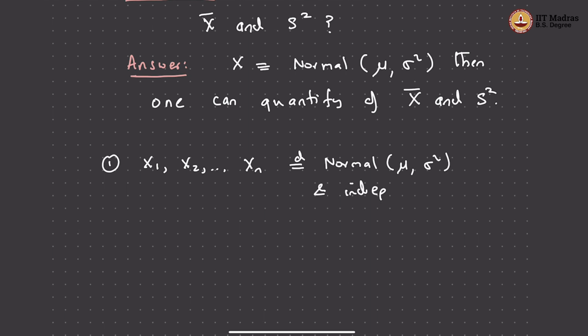Then we know that the sum of independent normals remains normal, and the means just add up appropriately, and the variances add up.